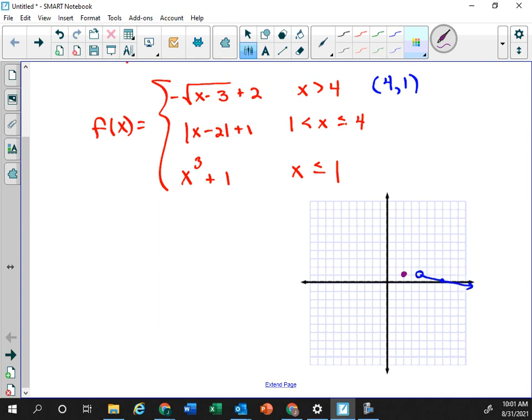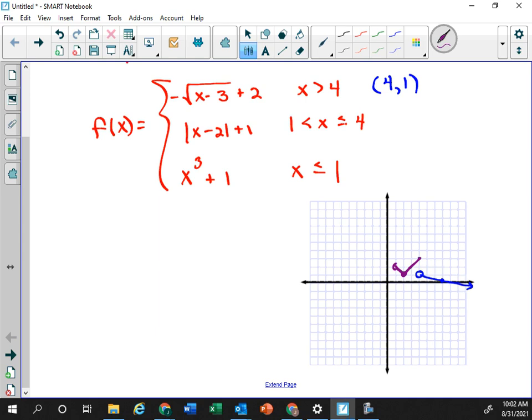And then I'm just graphing it between 1 and 4. Well, you know what the absolute value function looks like. You can certainly plug the 1 in. That one, sorry, should be open. Or you go, okay, I know that this is what the absolute value graph does. And there's my little absolute value piece.